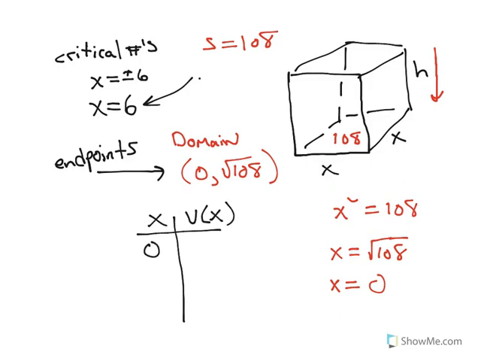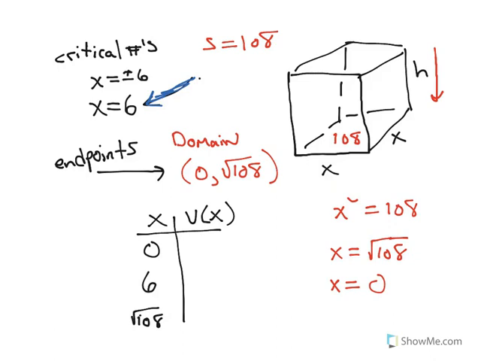If x was 0, that's going to be the endpoint for this particular box, and if x was the square root of 108, then that is going to be the other endpoint. And what are all the critical numbers that exist in between? We just had one critical number in this case, so we only need to test one potential min or max, and that's going to be where x is 6.